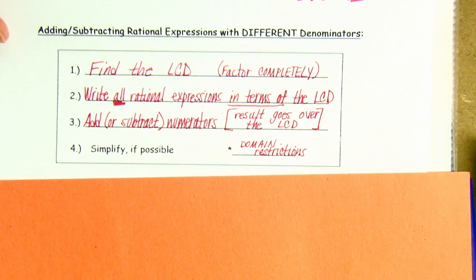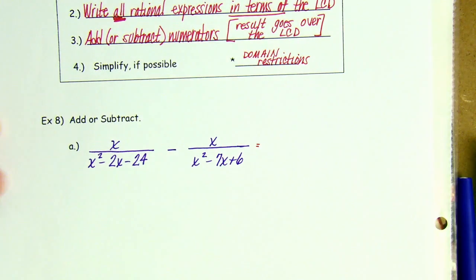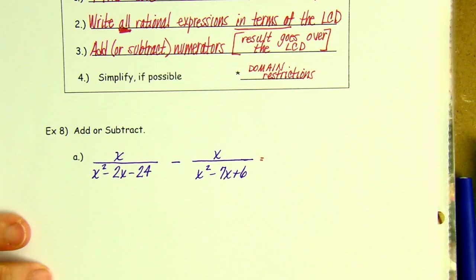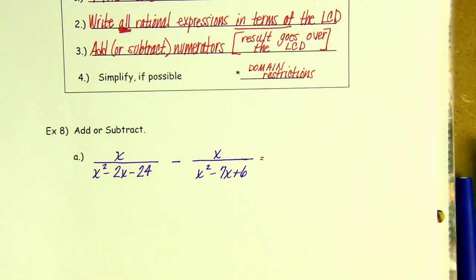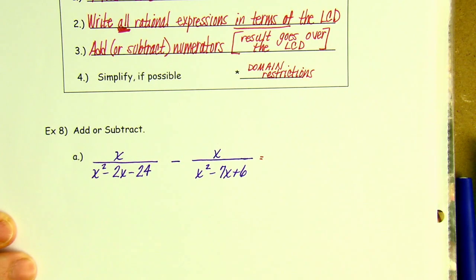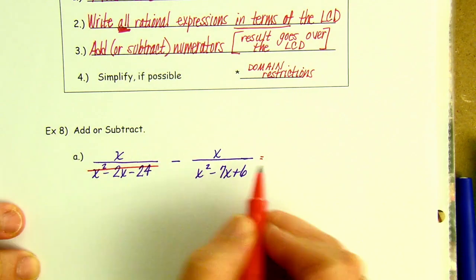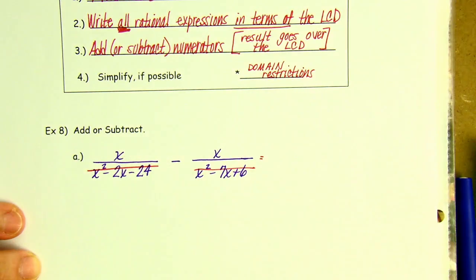And so example 8a that we're going to do is this one where it says add or subtract. In this case, we are subtracting two fractions that do not have the same denominators and that can be factored. All right, so I'm going to cross this out, I'm going to cross this out, and I'm going to factor it right underneath.